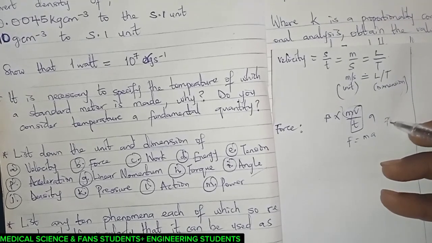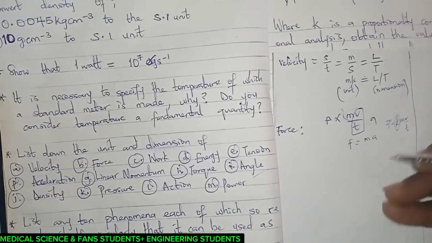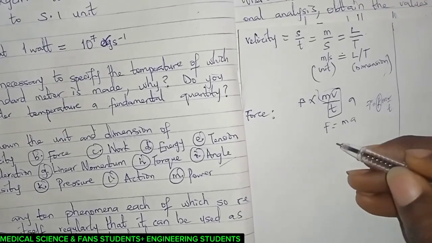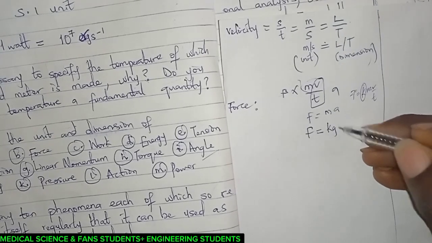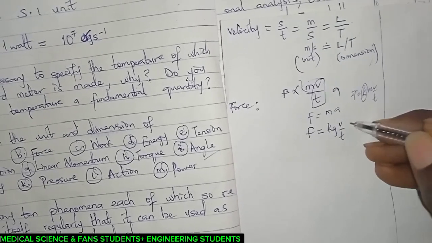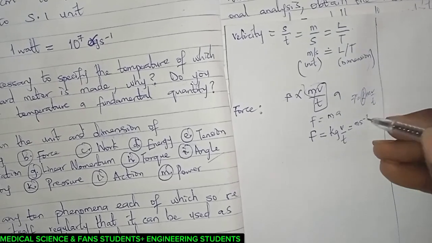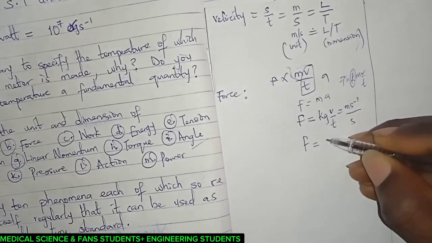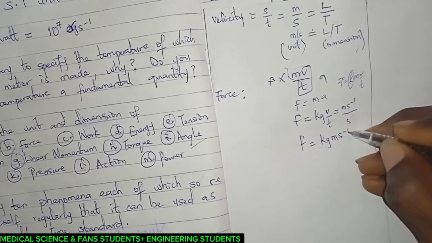First of all, F equals k m v over t, and k is the dimensionless constant, which is 1. So F equals mass, which is kilogram, times acceleration, which is velocity over time, meter per second over seconds.